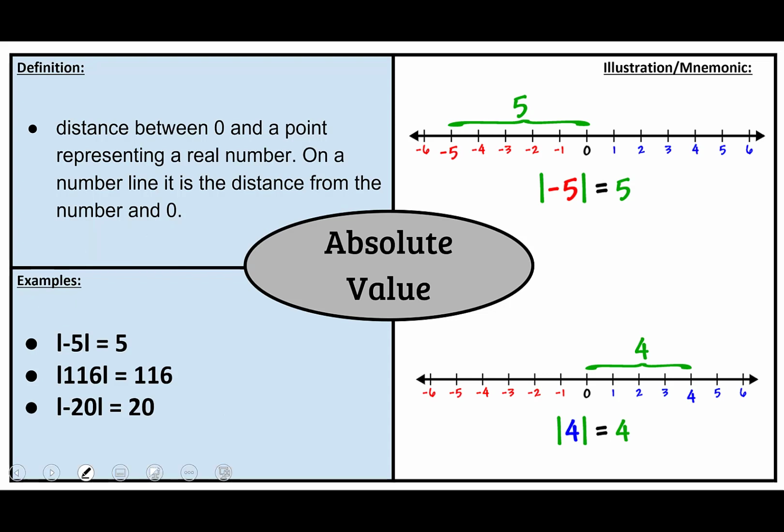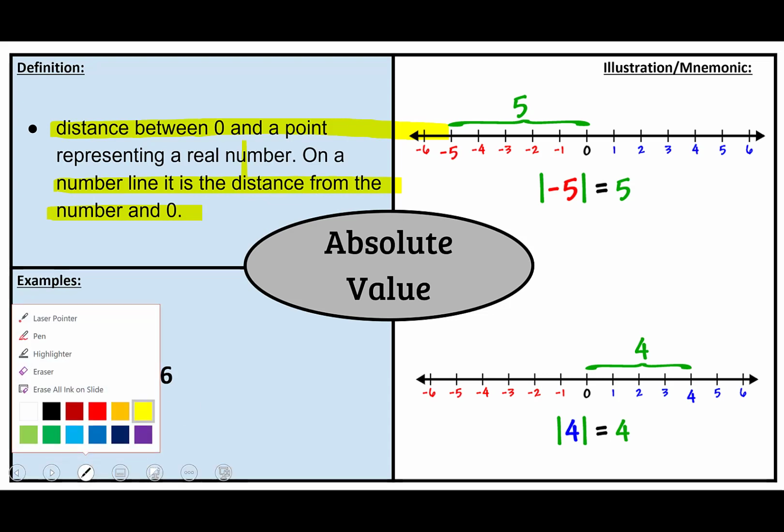We see absolute value illustrated perfectly over here in the illustration mnemonic section because absolute value, the definition is the distance between 0 and a point. It is that distance on a number line, distance from the number and 0, right?